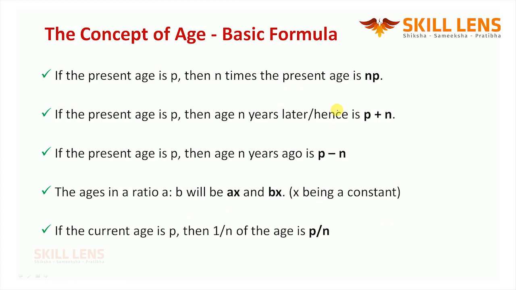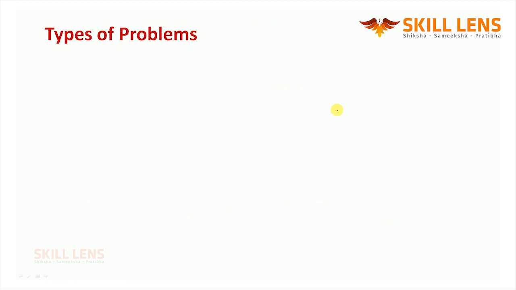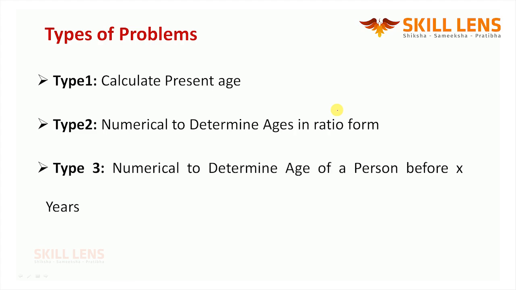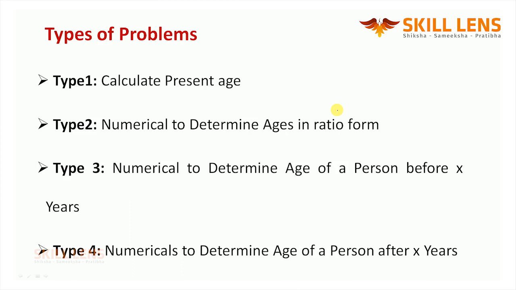Hope everybody understands. Then what type of questions will you encounter? They may ask you to calculate the present age, they may ask you to calculate numerical ages ratio, they may ask you to calculate a person's age before X years, and the fourth type will be numericals to determine the age of the person after X years.